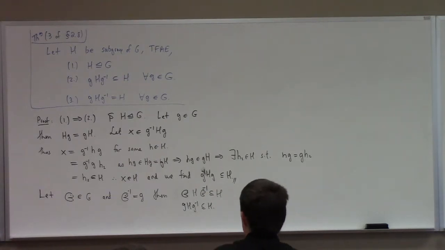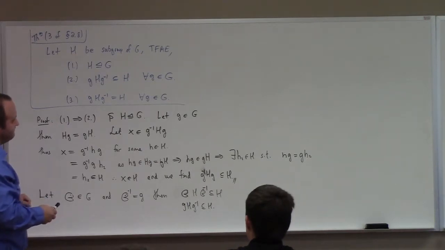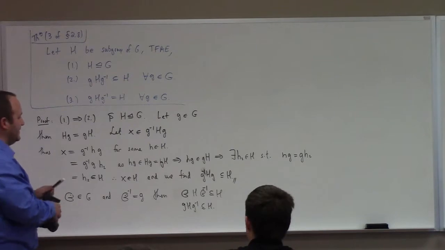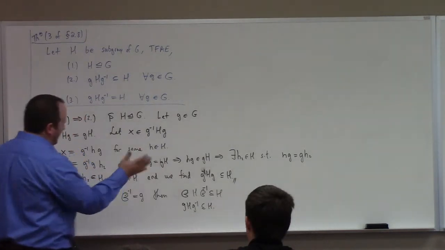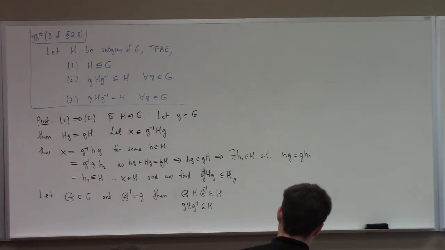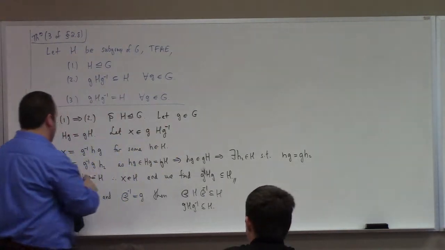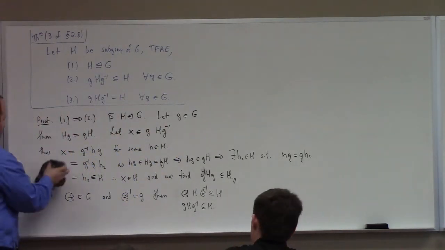Well, I mean, it's important, but what we're getting into at the moment is not. I'd rather not fix it. I'll let you fix it. Should I fix it? I don't know. I wish this had been pointed out about 3 minutes ago. Fine, gHg inverse. There we go.